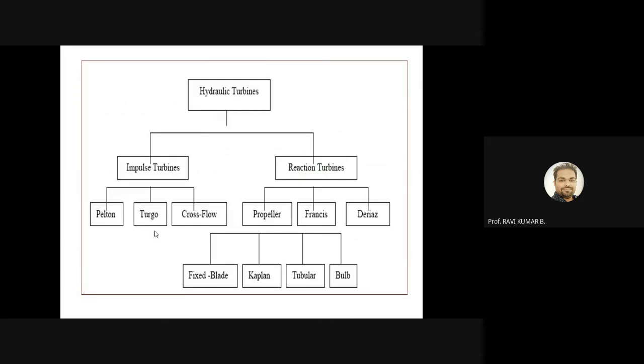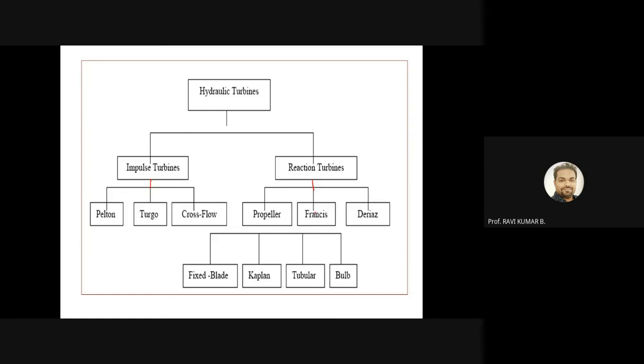So this is the broad classification of turbines. You can do it like this. Hydraulic turbines are usually subcategorized into mainly two categories. One is called impulse turbine and the other is called reaction turbine. If you look at the impulse turbine, the types are Pelton, Turgo, and cross flow. Then if you come to the reaction turbines, they can be classified into three categories: propeller, Francis, and Deriaz.